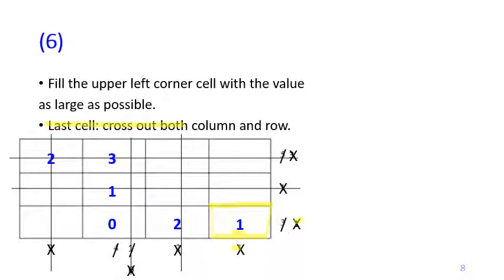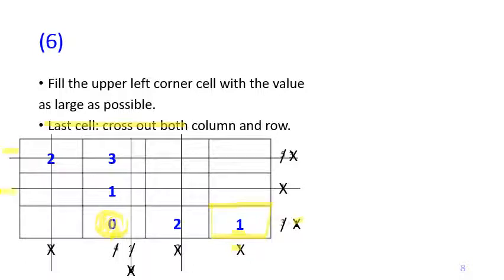Okay. Now the reason why you cannot do that before the last cell is that if you cross both row and column at this place, it means that you will not have 0 in the cell. Now your number of basic variables will be less than m plus n minus 1, right?